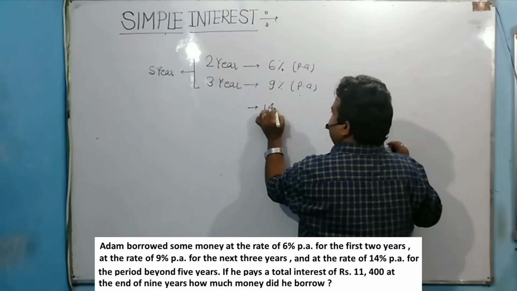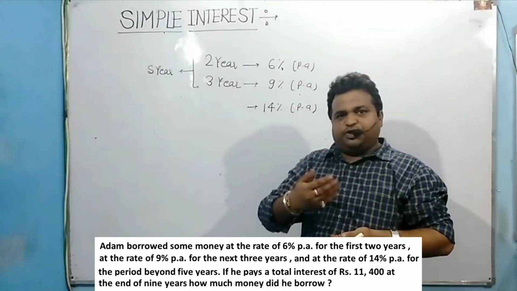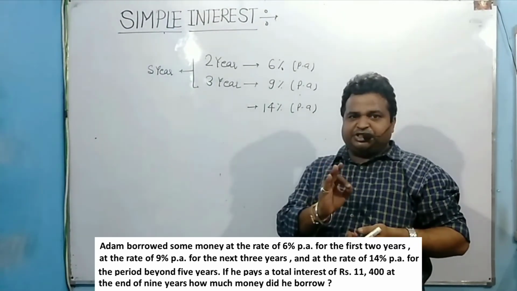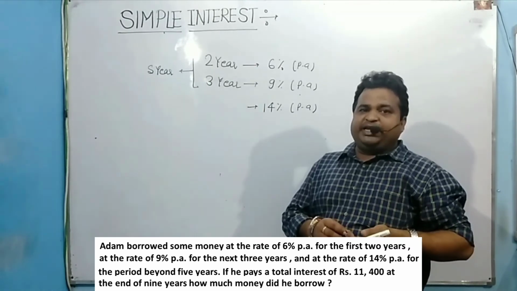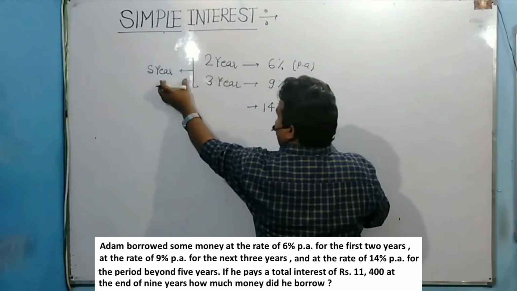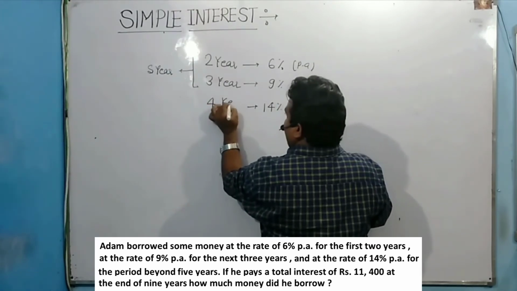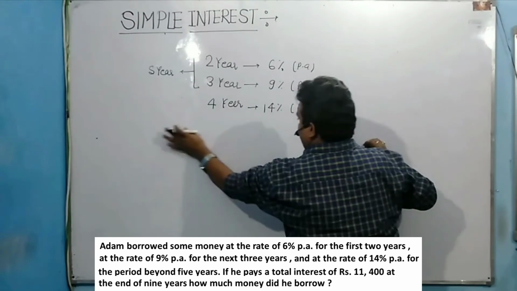Rate of interest is 14% per annum. But the total duration is how much? 9 years. It is mentioned the end of 9 years, how much money did he borrow? So after 5 years gone, that means for the next 4 years, the rate of interest is how much? 14% per annum.